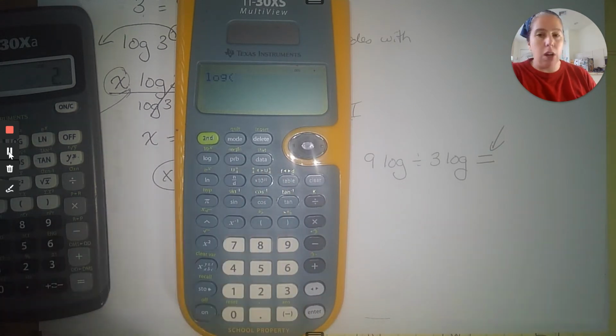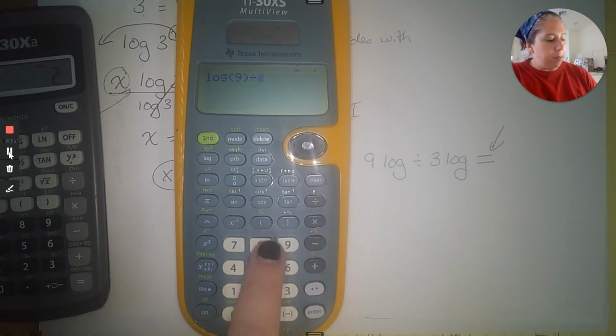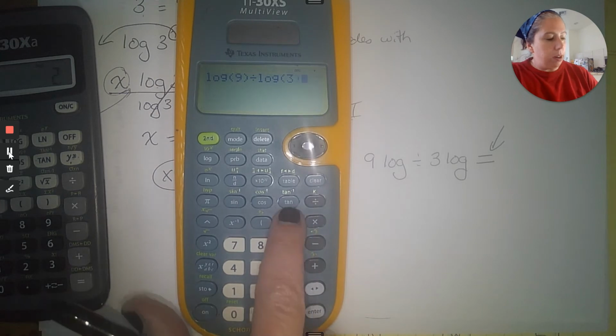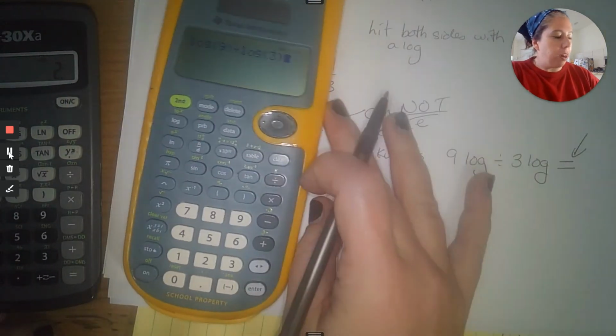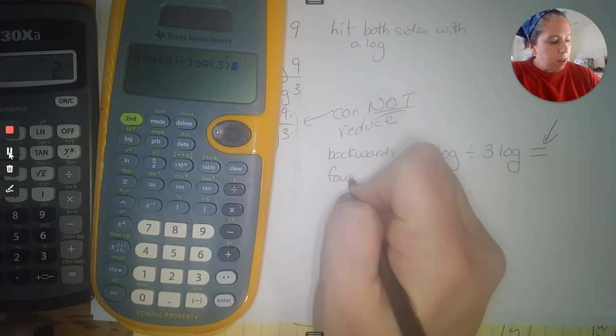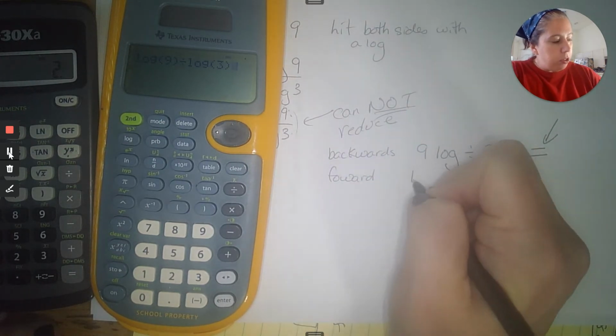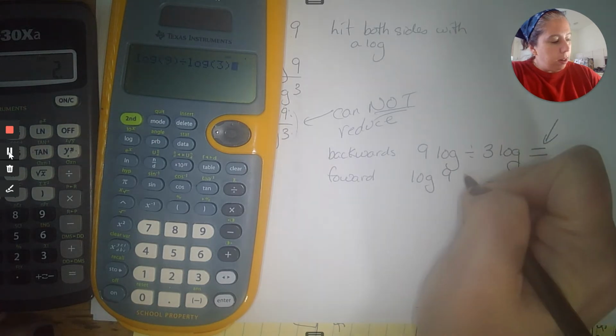So we're going to do log 9, close the parenthesis, divided by log 3, close the parenthesis. Just get used to closing the parentheses. So this one's a forward calculator. On this one you're going to do log 9 and then close the parenthesis.